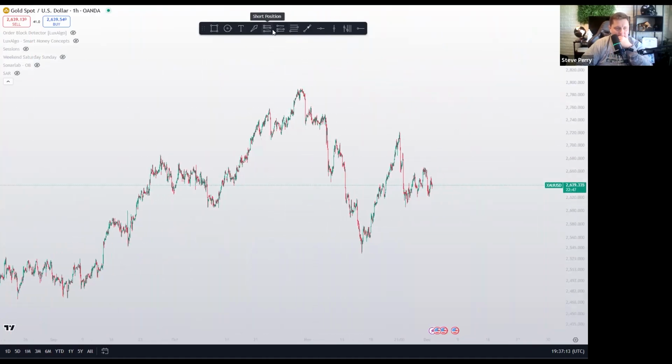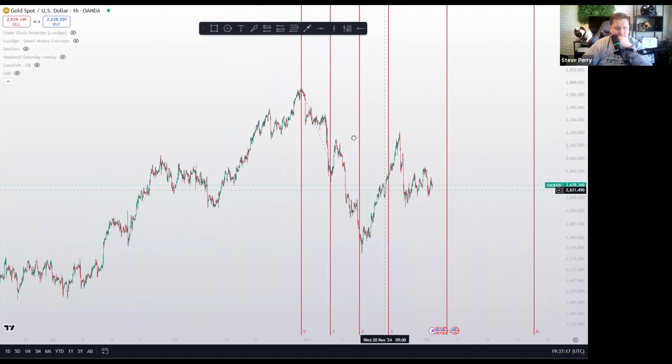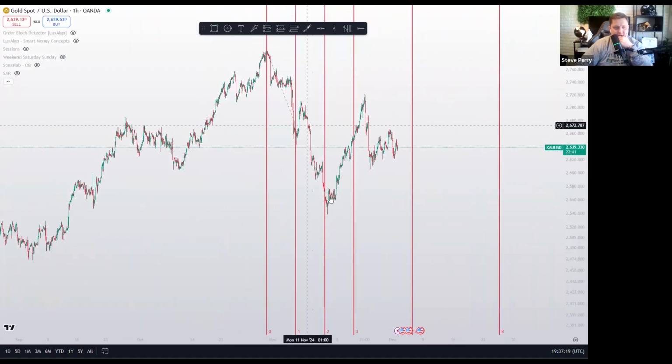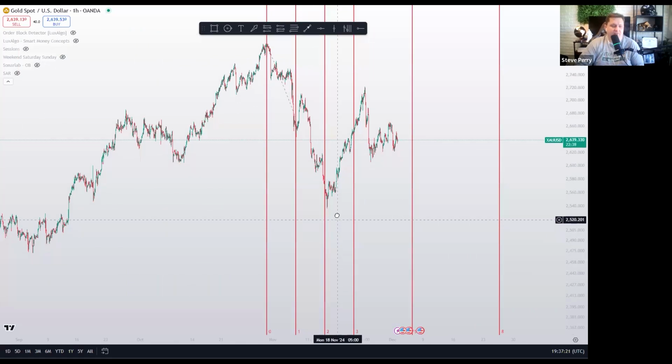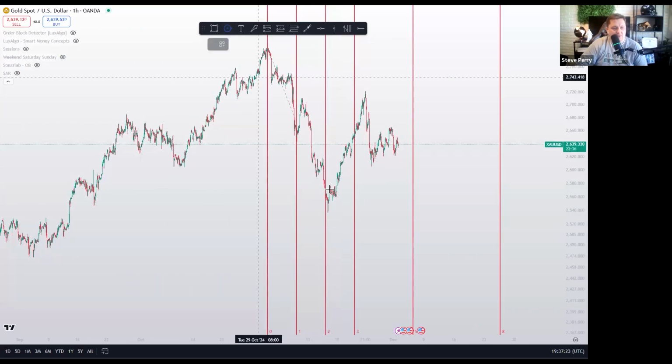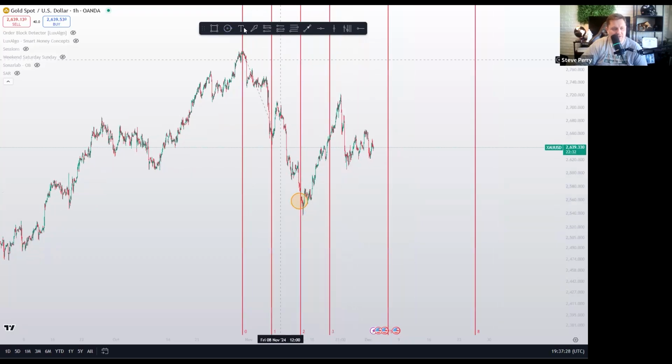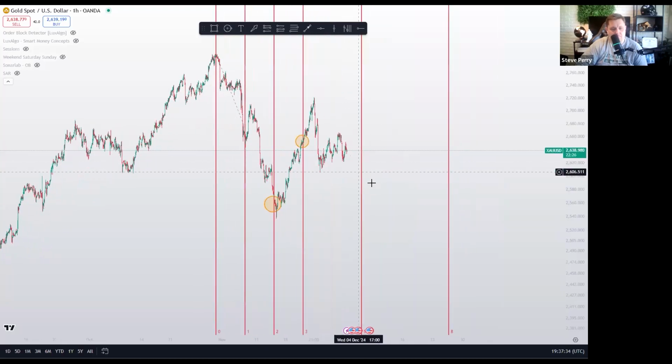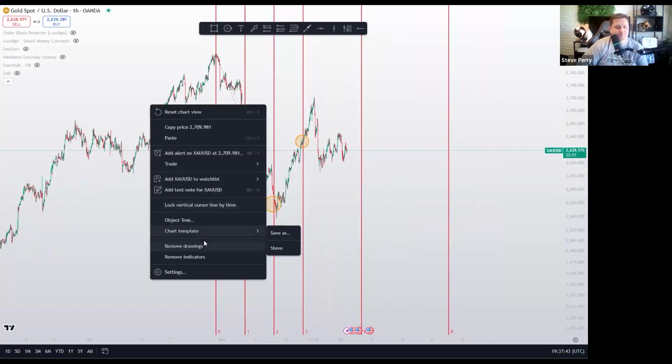If you go from here to here, just from there to there, sure enough, the three was a pretty good pivot right there. The three, not so much. But this five is coming up really soon. So maybe we get a good pivot right there on gold.